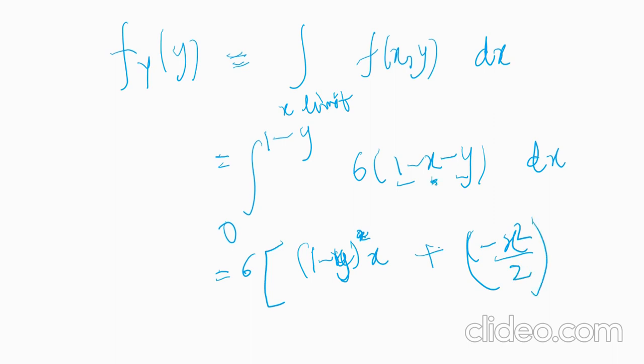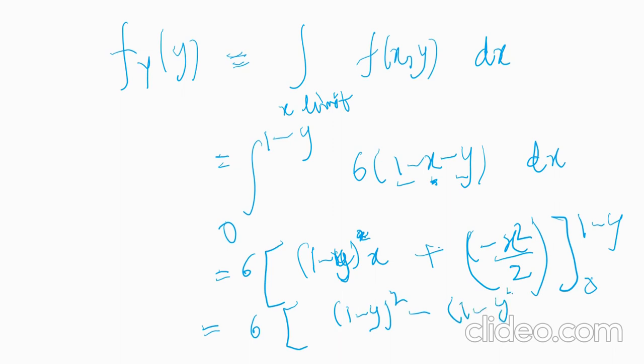So its integration will be x square upon 2, and then it will be from 0 to 1 minus y. So now we can write this as 6 times 1 minus y whole square minus 1 minus y square divided by 2, right?